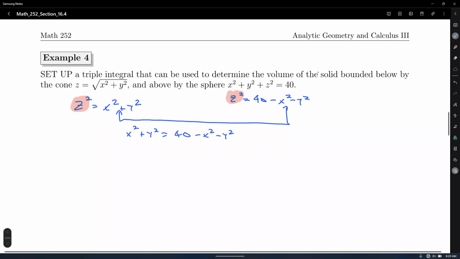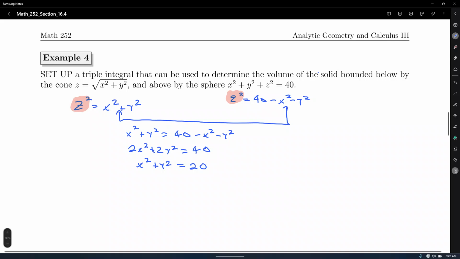Let's move all the squared terms to the left hand side. That'll be 2x squared plus 2y squared equals 40. And let's reduce everything by dividing both sides by 2. That's x squared plus y squared equals 20. Isn't that the equation of a circle? Yep.